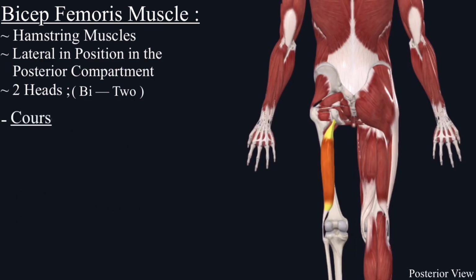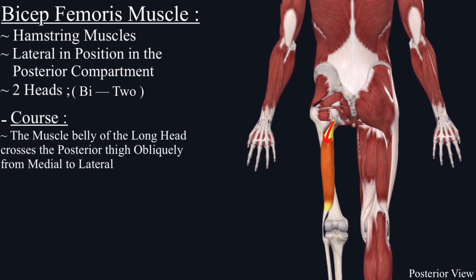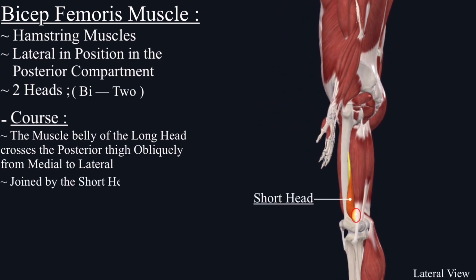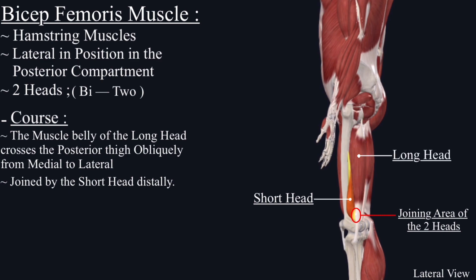After origination, the muscle belly of the long head crosses the posterior thigh obliquely, that is from medial to lateral side, and it is joined by the short head distally. As you can see, distally the long head is joined by the short head.